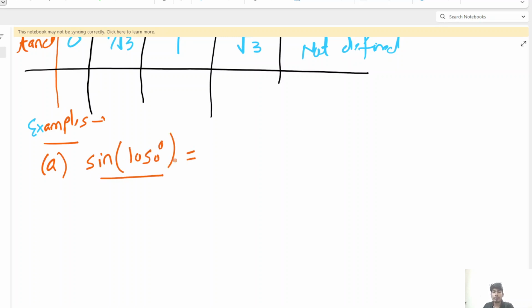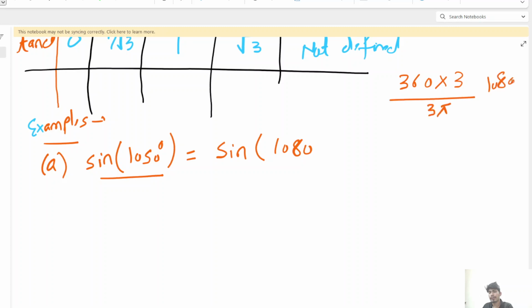We know 1080 is 360 into 3, that is 6 pi. Then this is 3 pi minus 30, because this value is still 1050.